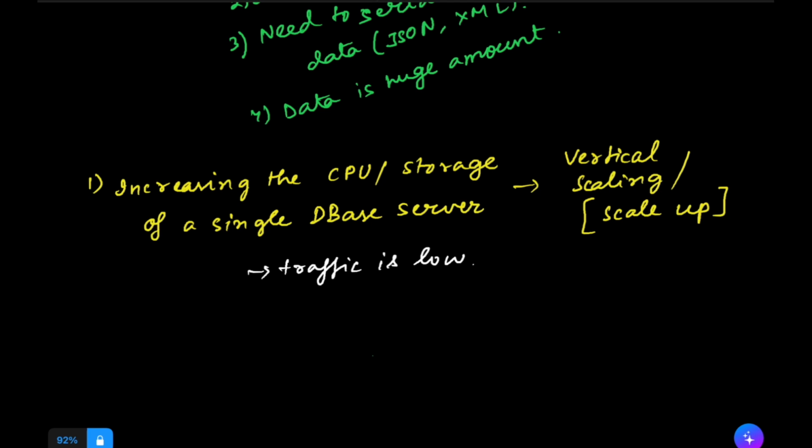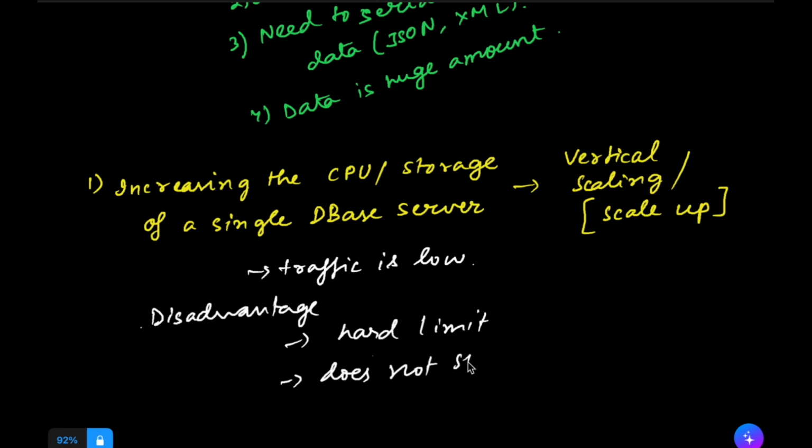So the disadvantage is that there is a hard limit, and it does not support failover. It acts as a single point of failure, with no failover or redundancy.